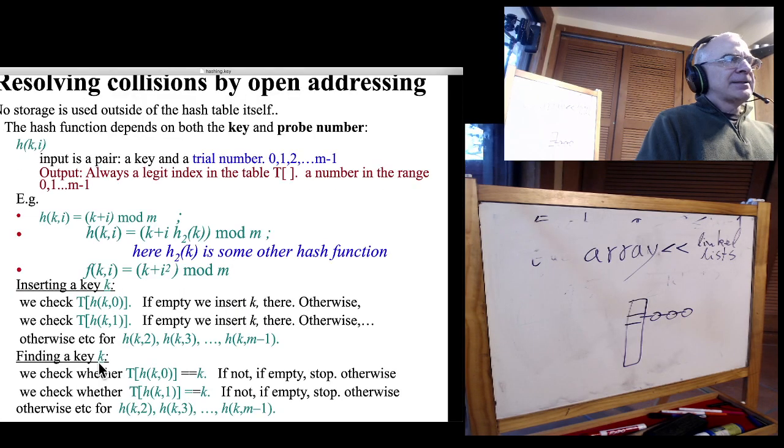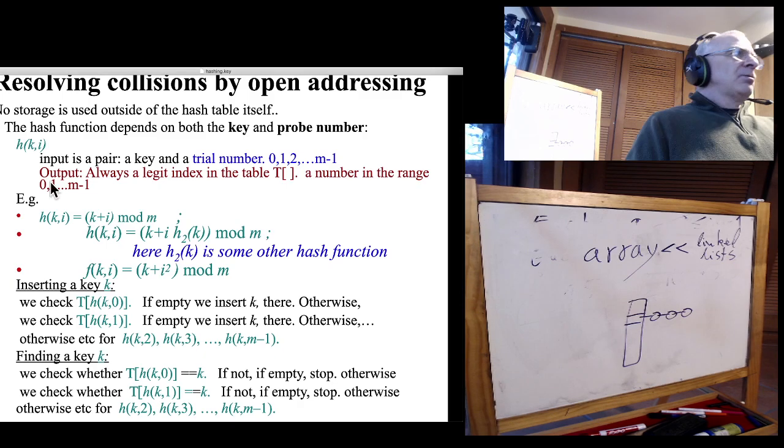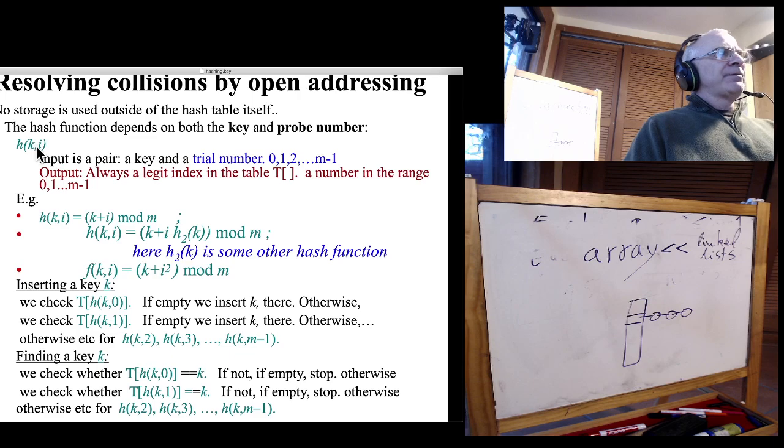That's a very high-level description. We desperately need examples. So to generate examples, I need to pick some concrete example of what h(K) might be. So the rule as before, h(K) takes a pair: one is a key and one is a trial number, and my trial number will be a number between 0 all the way up to m-1.